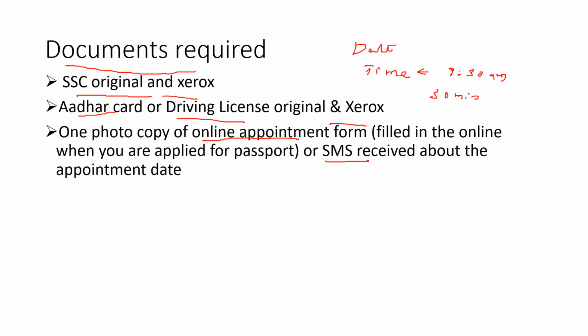Some RPOs accept only the SMS, but it's better to carry the application form also. For me, they just showed this SMS and they accepted it, but it's better to carry this as well.